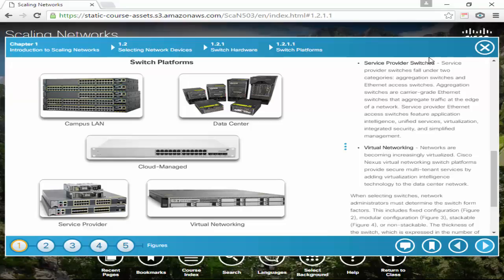Alright, so virtual networking. Networks are becoming increasingly virtualized. Cisco Nexus virtual networking switch platforms provides secure multi-tenant services by adding virtualization intelligence technology to the data center. Okay, so virtual networking is what you guys are doing, and Microsoft virtualization, where you have a virtual switch.